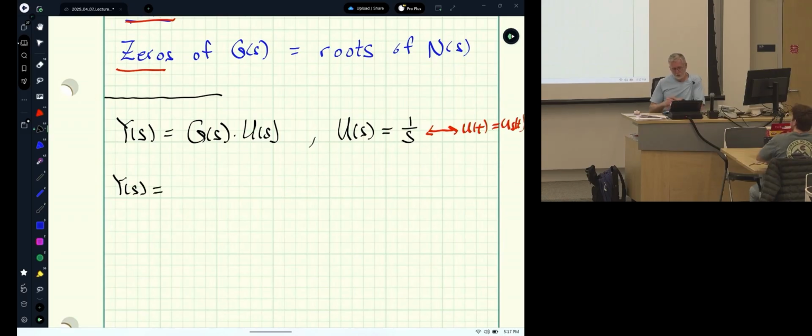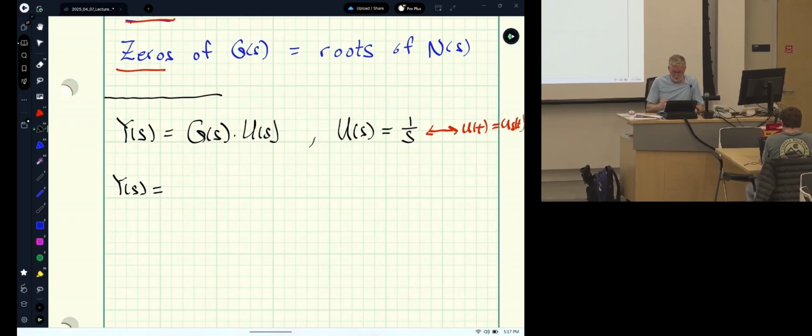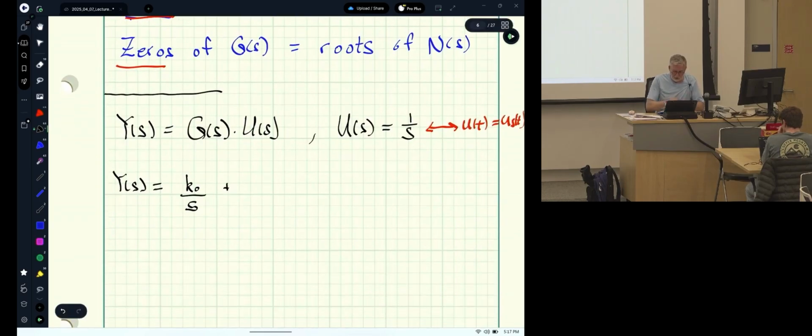So if I wanted to compute a partial fraction expansion of Y of s, well, from U of s, I get a factor of 1 over s in there. But now I use the roots of the denominator of G of s, and those are the poles.